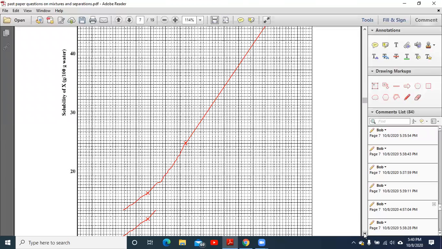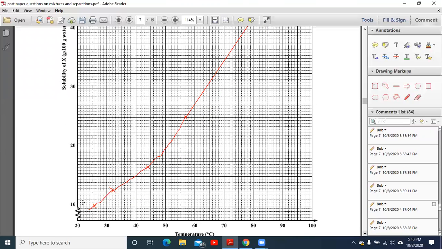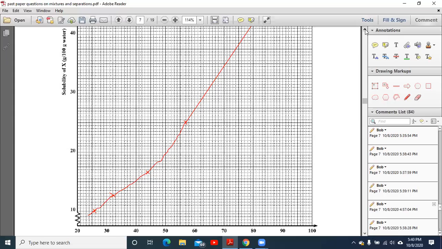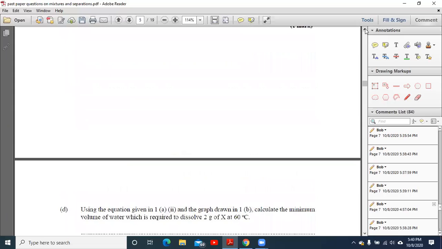We're seeing generally that the solubility of X increases as the temperature of the solution increases, because the slope is sloping up. If it were decreasing, it would slope down. So that is the trend. You're just looking at the trend of the graph.